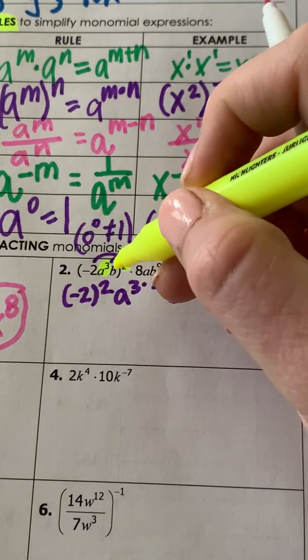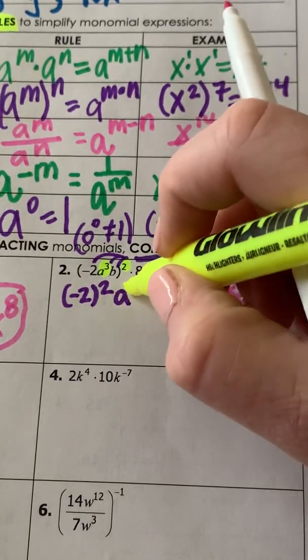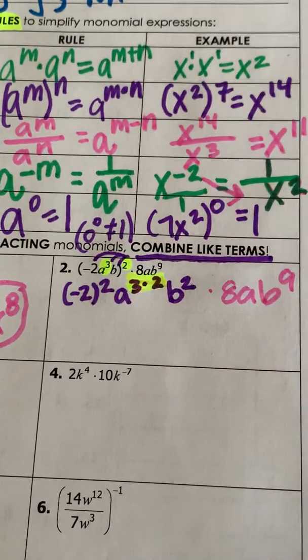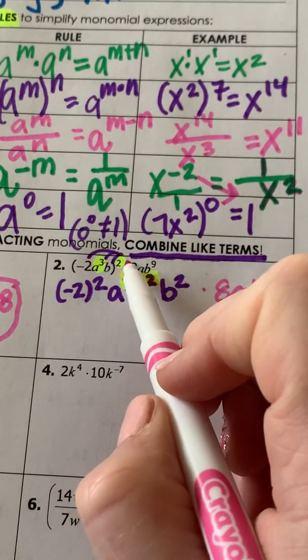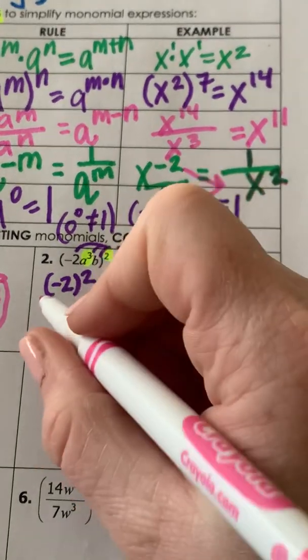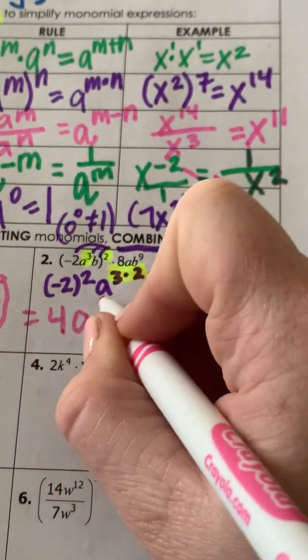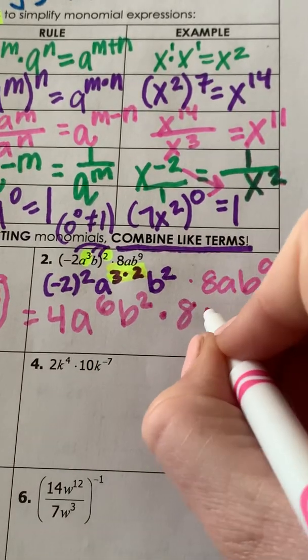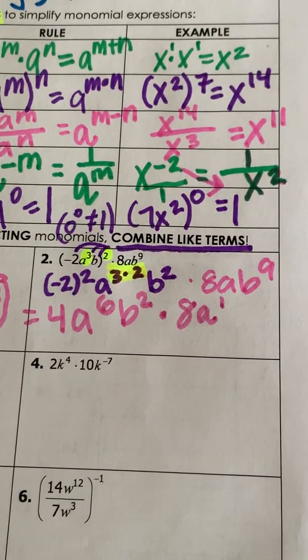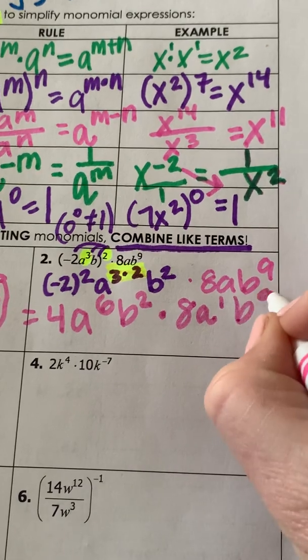So a to the 3 times 2, that's your power rule there. You don't want to add them because they weren't multiplied. It was a power to a power. Okay, so this would give me 4a⁶b² times 8, and I'm going to go ahead and put a to the 1st there, b to the 9th.